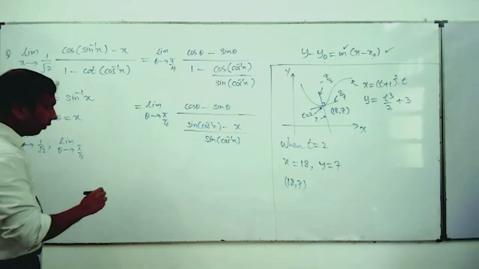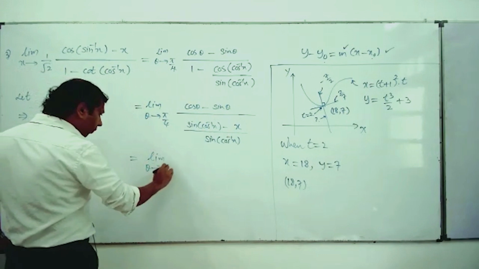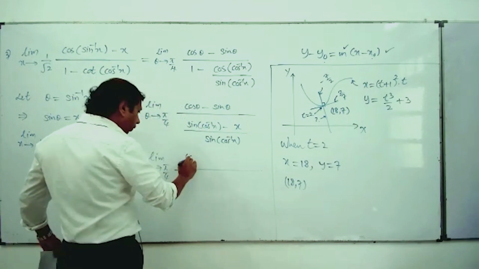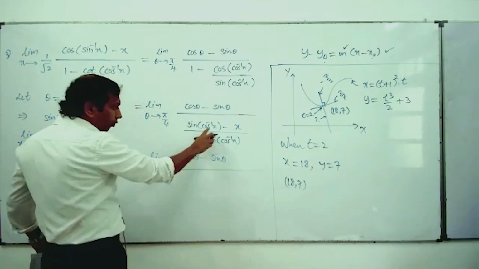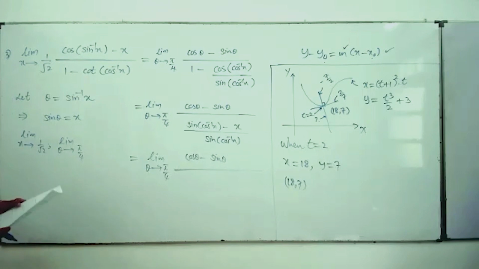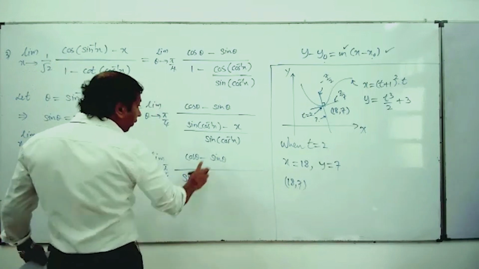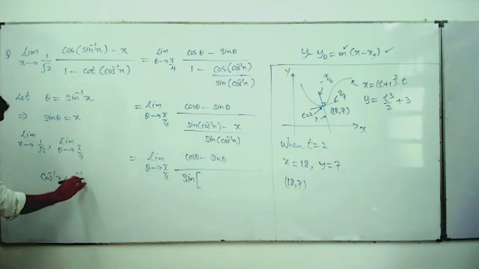Now we can write limit theta going to pi by 4, cos theta minus sin theta. For this cos inverse x, we can write sin of this cos inverse x. We are given cos inverse x plus sin inverse x as pi by 2.